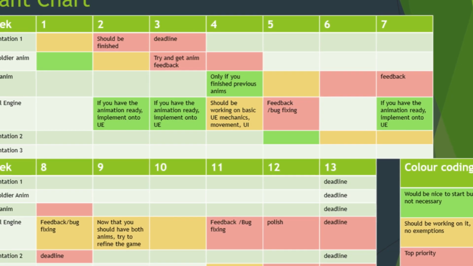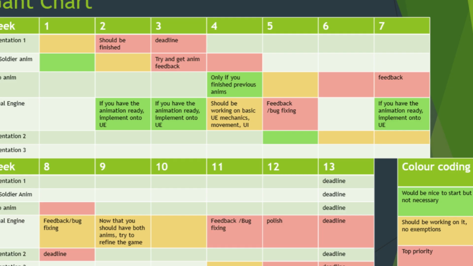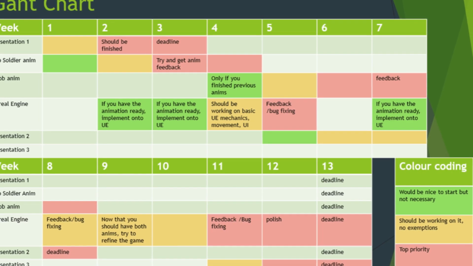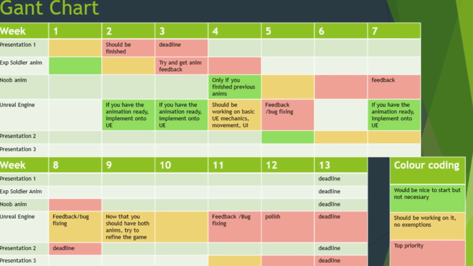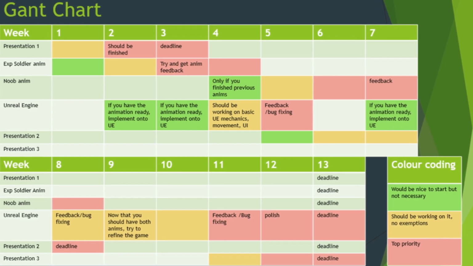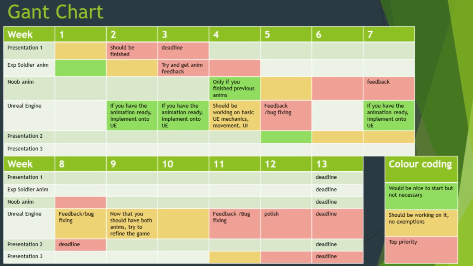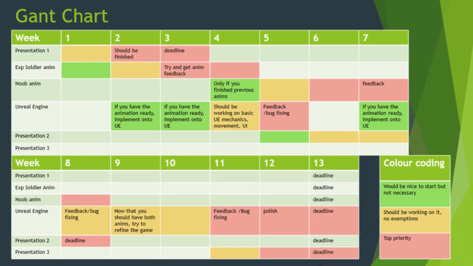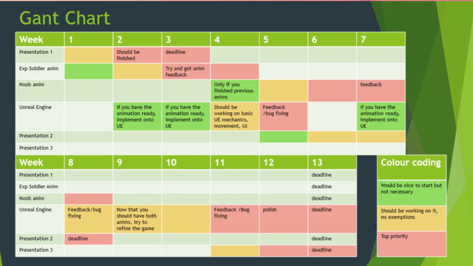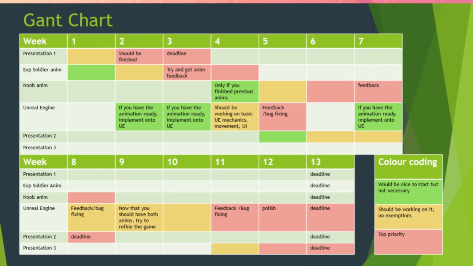For the planning phase, I decided to go with a Gantt chart where I created a very quick timetable where I showed off everything that I needed to create, all the animations and stuff like the presentations, alongside how long it was going to take.